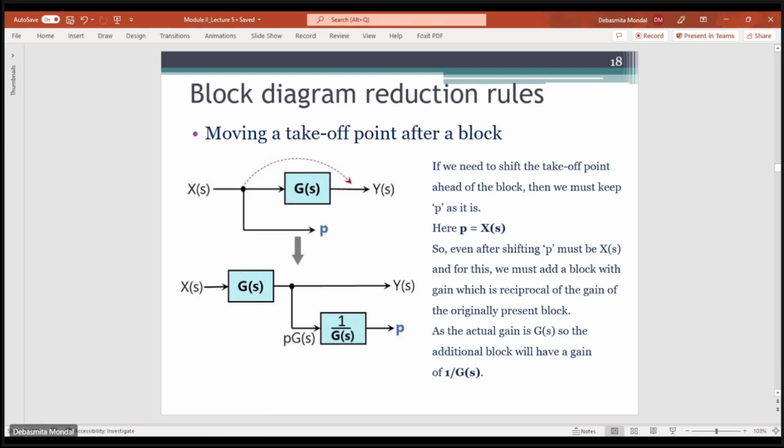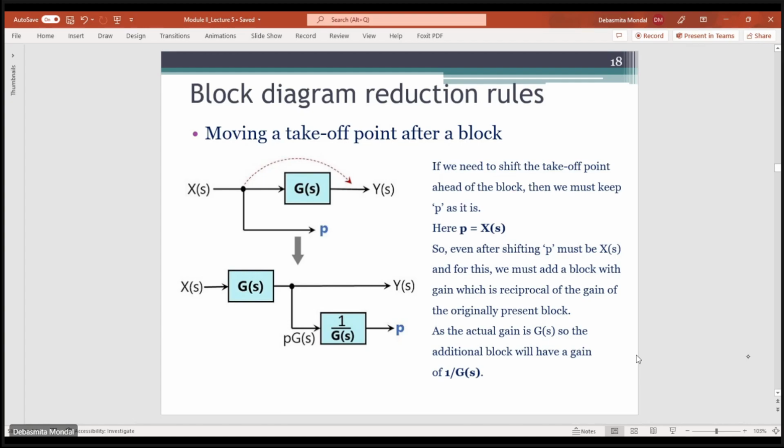Okay, so similarly, suppose you have a takeoff point and you want to move this takeoff point after a block. For moving this takeoff point after this block, you'll have to add a block 1 by G(s) after it, because here the value is P. If you want to keep the output of this branch as P, once the takeoff point moves after the block, P is getting multiplied by G(s).